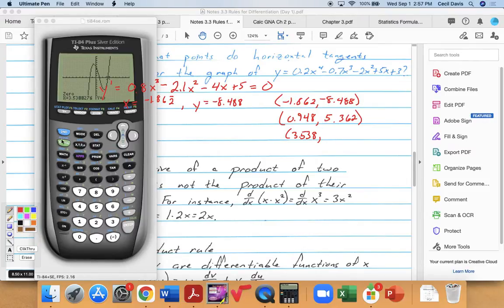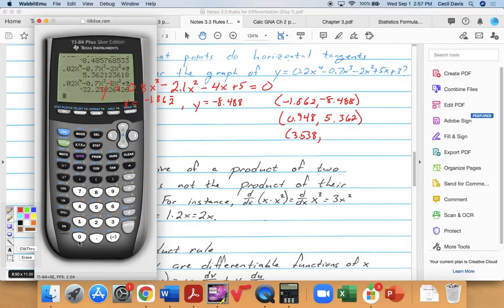And again, to get the y-coordinate, I don't have to type all that in again. I can just do second enter, and it gives me that point, -32.238. Okay, any questions about that?